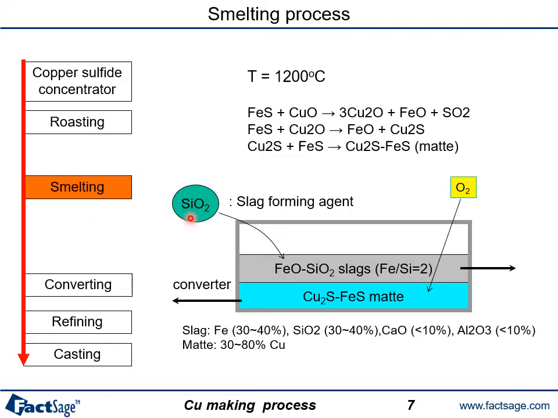So the proper amount of SiO2, the flux, is a very important parameter to get a good smelting process. Once you finish this smelting process at around 1200 degrees Celsius, you take out the slag, and you tap out the matte as a separate product, and then this matte goes to the next stage called the converting process.